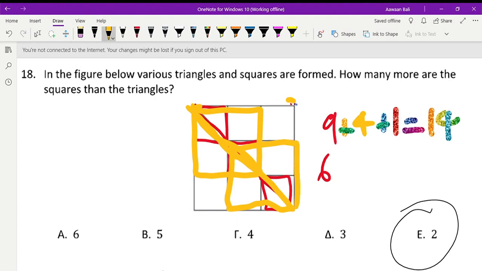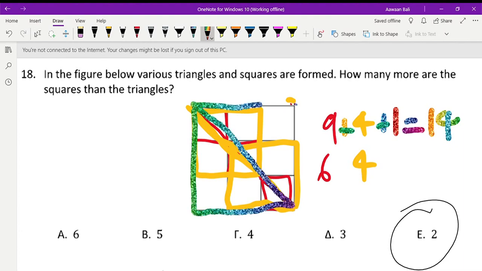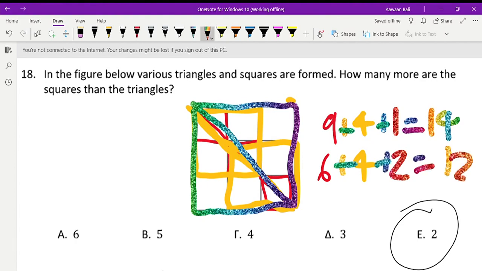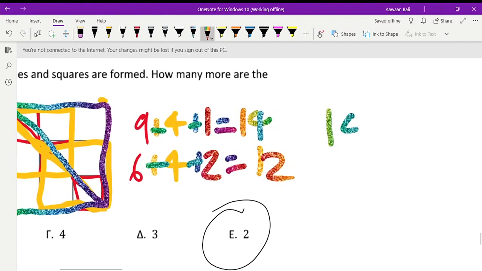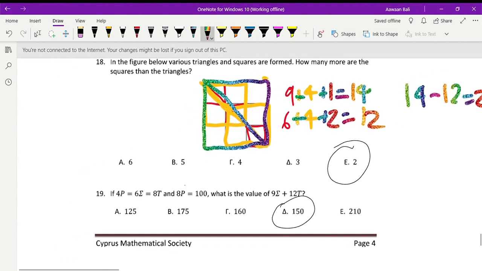So we have 4. Now we have the big 6 segment triangles, and there's only 2 of them. Add them all together, and you get 12. So now we have 14 minus 12, and that's 2. So the answer is eta 2.